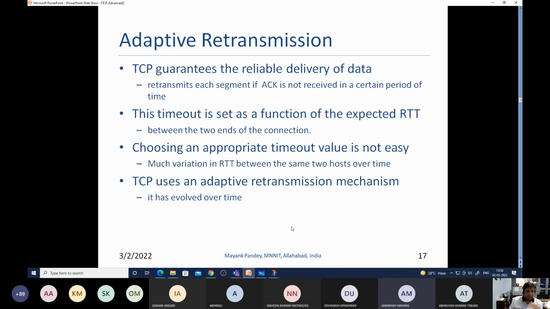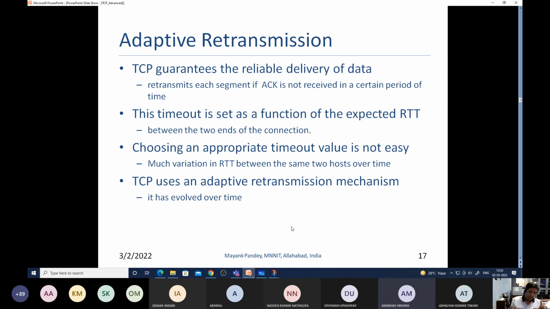We know that choosing an appropriate timeout value is not easy because this RTT is a variable value. Much variation is experienced between the two hosts over time. And that's why TCP uses an adaptive retransmission mechanism, which has actually evolved a lot over time.